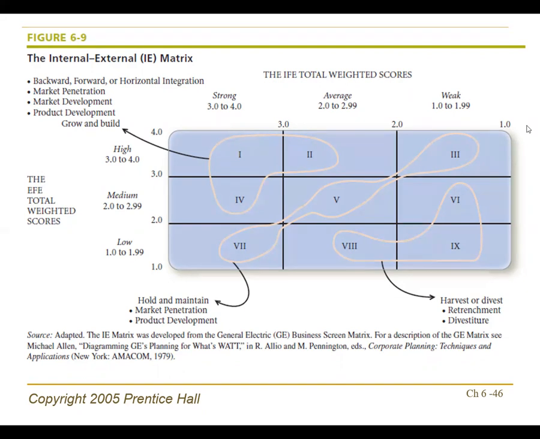So it's quite simple. You know that the IFE total weighted score is a maximum of 4. If you remember, it varies from 0 to 4. So here you have drawn the scale from 1 to 4, and the EFE also has a maximum score of 4.